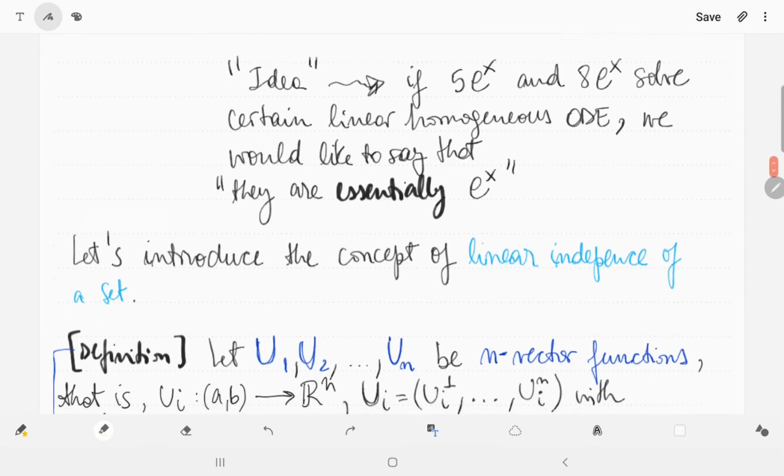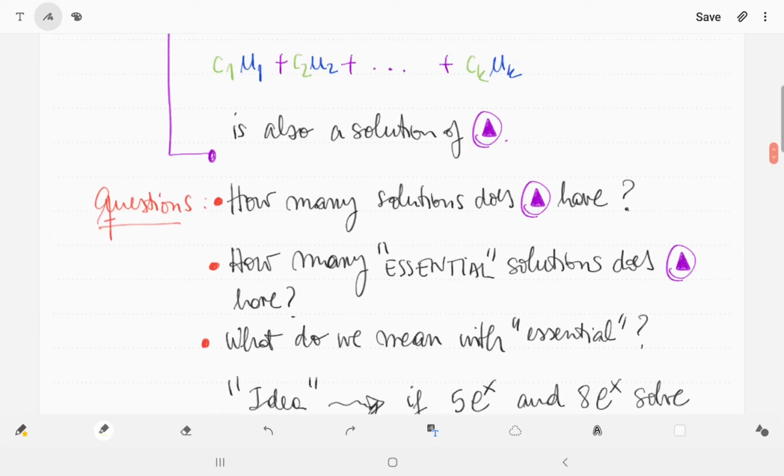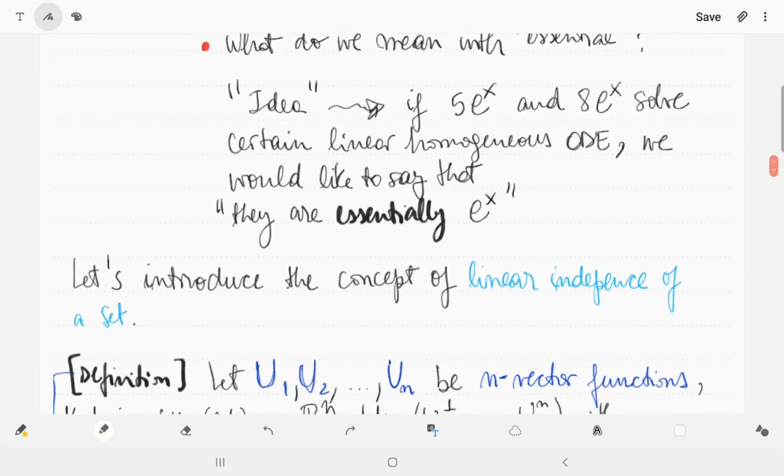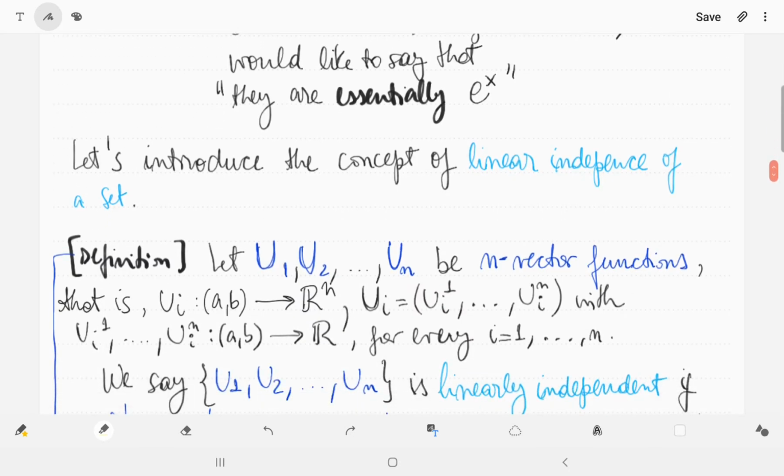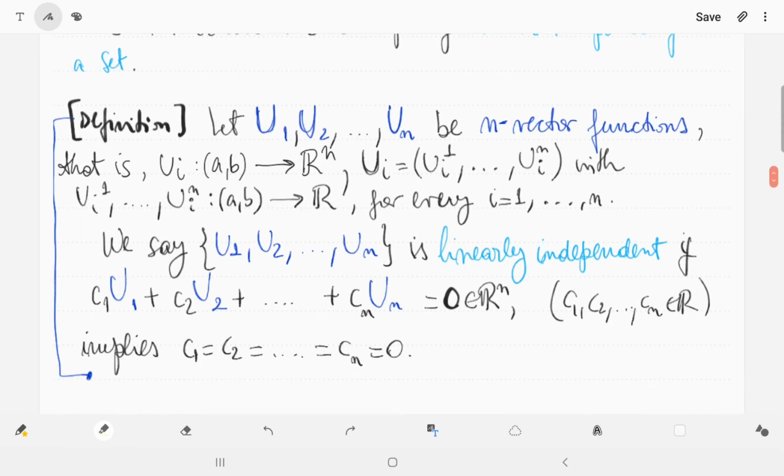Okay, so to try to understand what we mean by how many solutions and how many essential solutions, maybe a better word is fundamental solutions, but in 1 minute we will check that. We introduce the concept of linear independence of a set, which maybe you are already familiar with, but let's recall it. I have these capital U1, capital U2, capital Un, n vector functions. Here is the formal definition, but we are not going to read that.